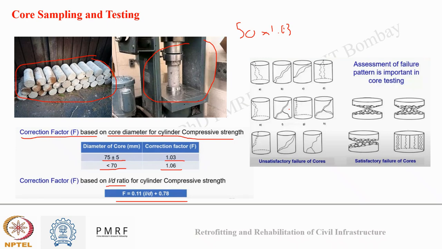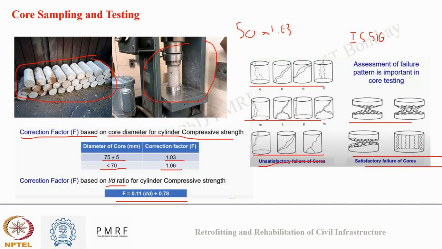Now, along with strength, the pattern of core failures shall also be recorded, as per IS 516. The assessment of failure pattern is also important for core testing, and you can see in these images unsatisfactory failure of cores in these ways, while satisfactory failure of cores can be seen in this way.